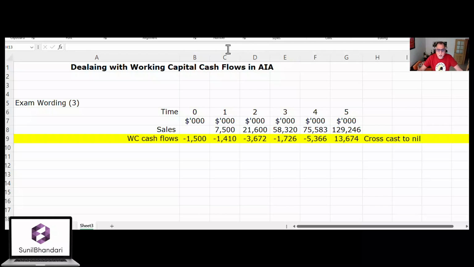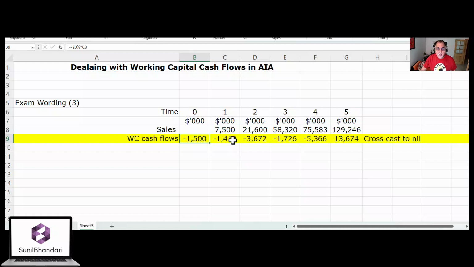And since these values are already on the top, I'm going straight to my bottom line, working capital, and I've got to follow what they've told me to do. They've said, for the first year, time 0, to set up the investment must be 20% of the first year's sales figure, as you can see, minus 20%, because it's an investment.